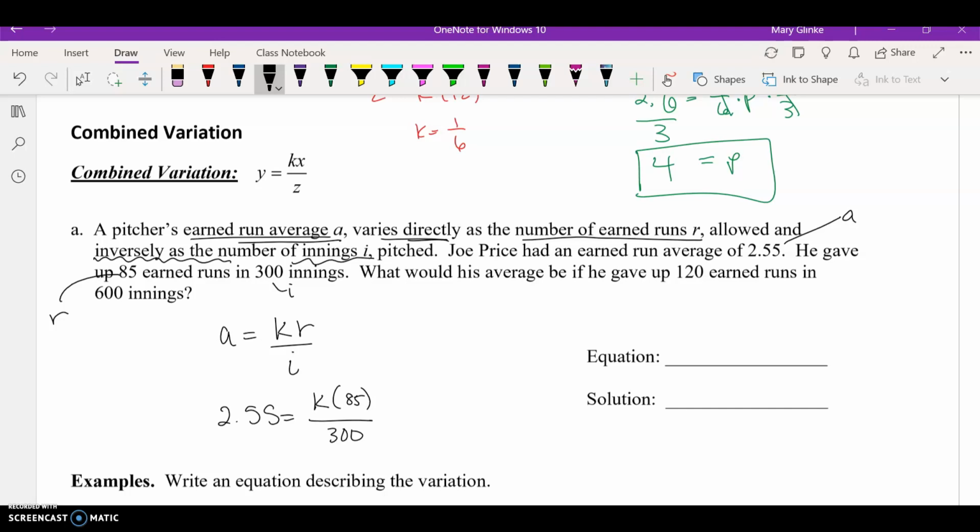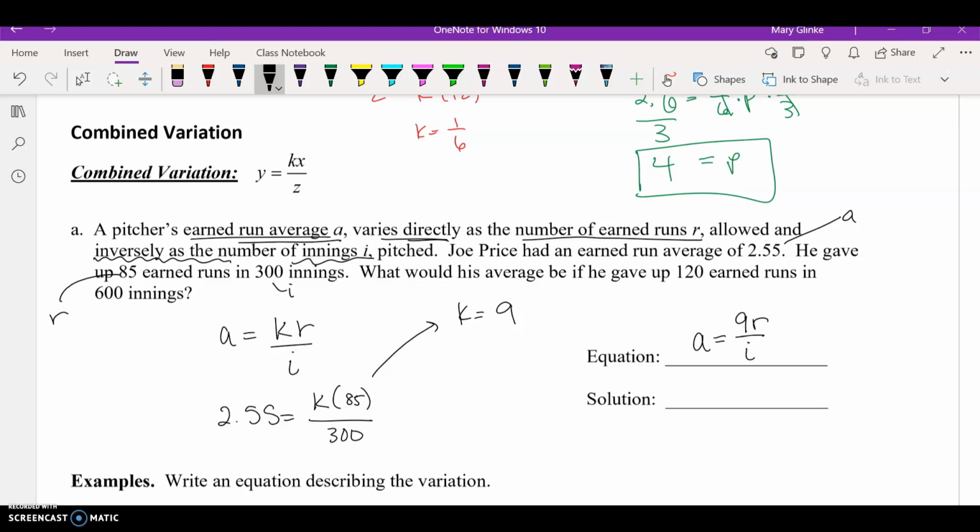So you take this and you solve for K. So we can write an equation here. A equals 9R over I. So this makes sense. Your ERA is 9 times the earned runs, divided by the innings that you pitched, because there are 9 innings in the game. So that's how we could do our ERA for pitchers.